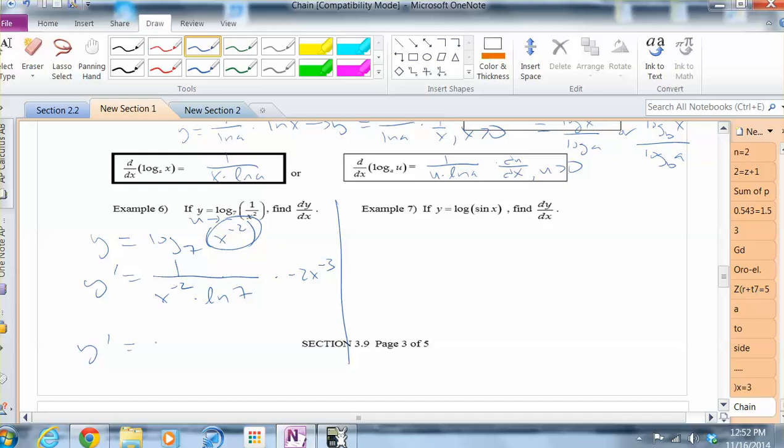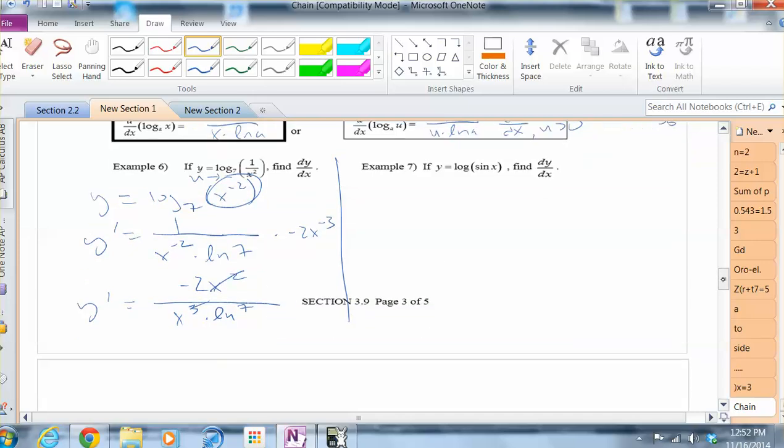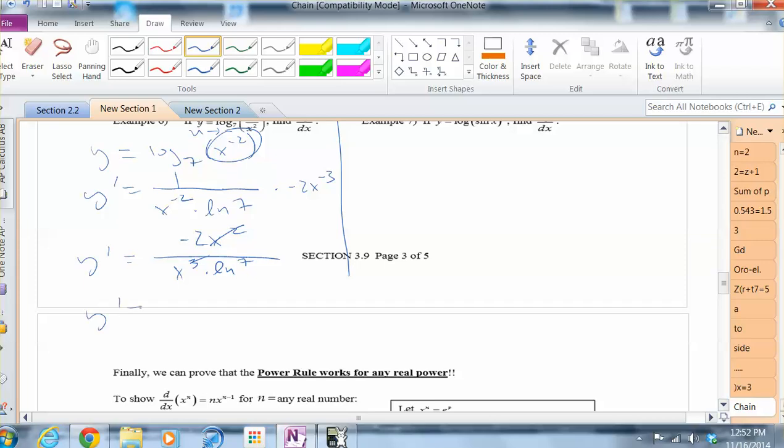So y prime, if I do a little bit of maneuvering, x squared up top, negative 2 right there, x cubed down below, times ln 7, and cross that off. So y prime is simply negative 2 over x times ln 7.